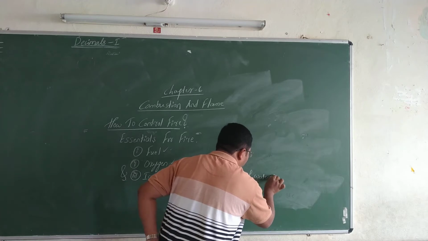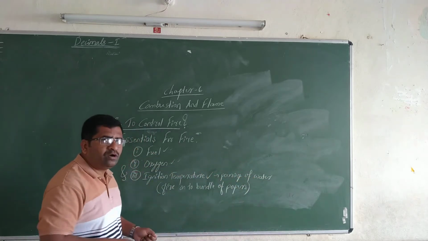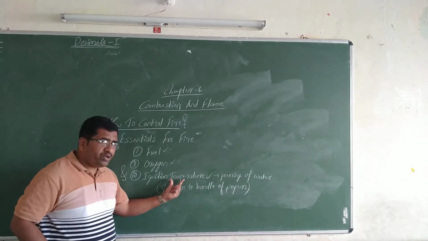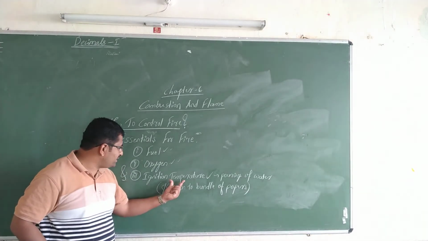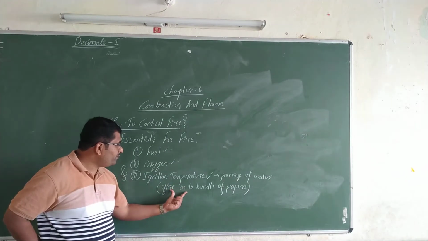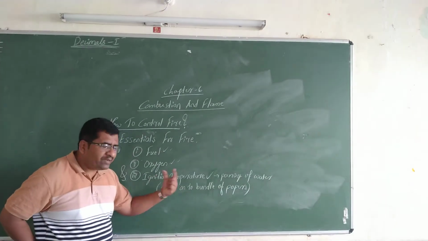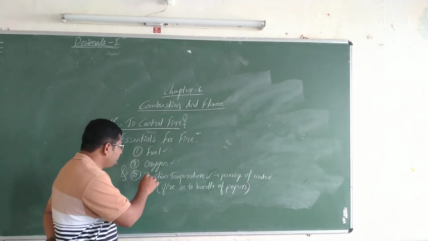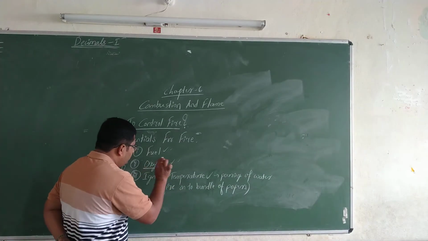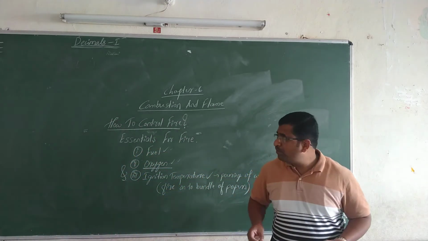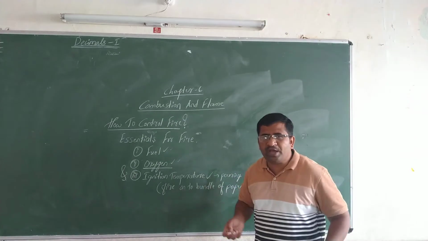If we pour a bucket of water onto that place, we have reduced the ignition temperature, and by that method the fire came under control. And the next one makes use of the second essential, the stoppage of the supply of oxygen.